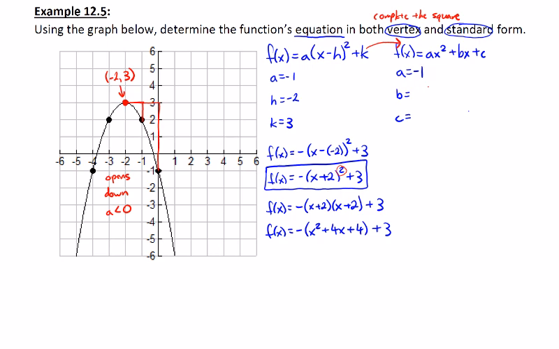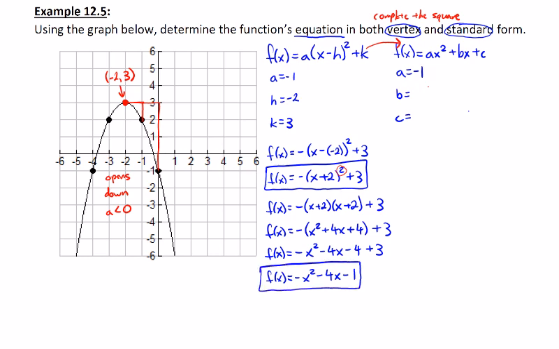Now I'm going to distribute -1. So I'll have negative x squared minus 4x minus 4 plus 3. And then finally, combining the like terms at the end, negative x squared minus 4x minus 1.